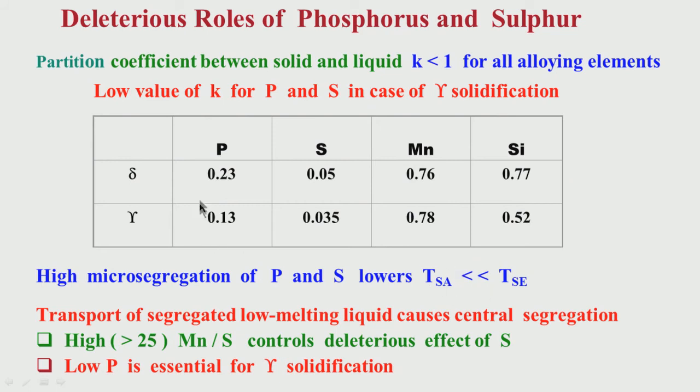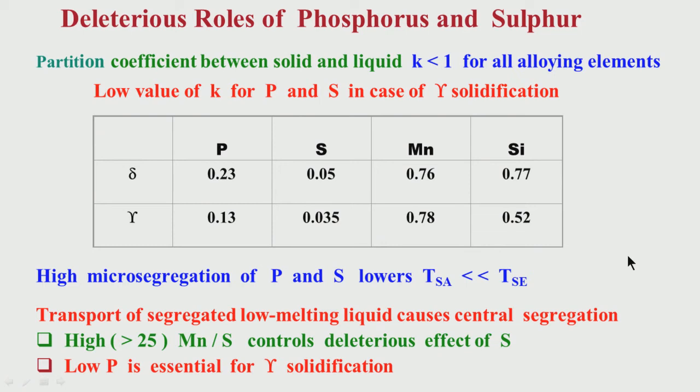This means more segregation for phosphorus and sulfur in austenitic mode, and the actual value of solidus is much lower compared to the equilibrium solidus. And what is happening is that the last solid which is solidifying, that means the central area of the cast structure, is having a high level of segregation.